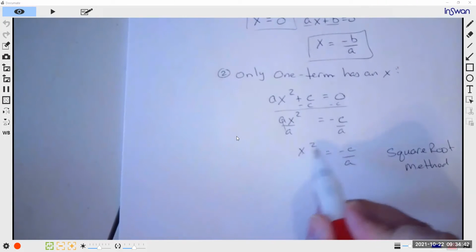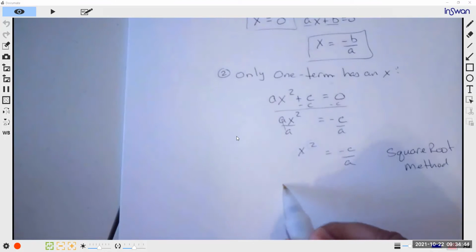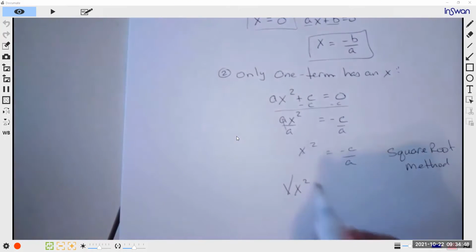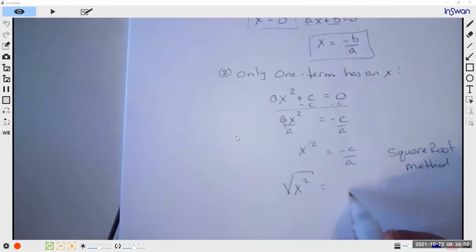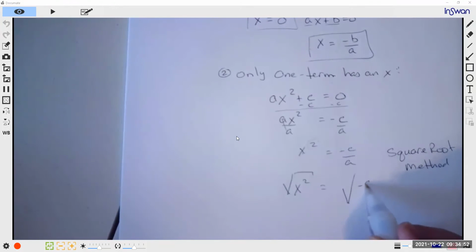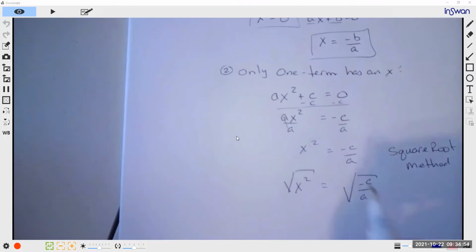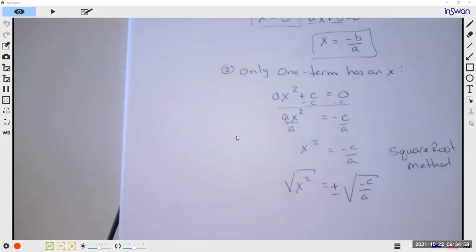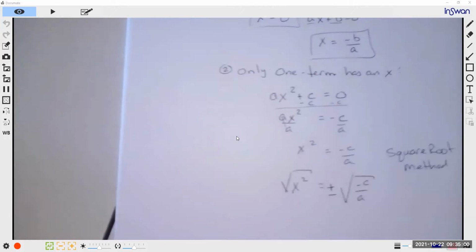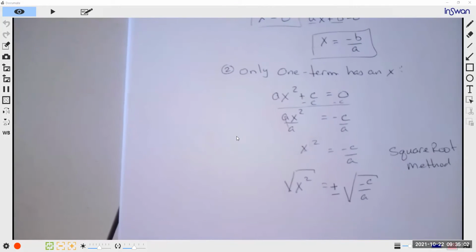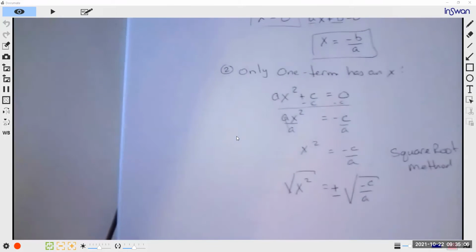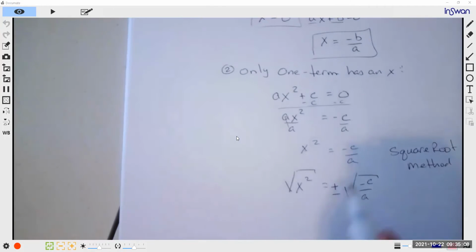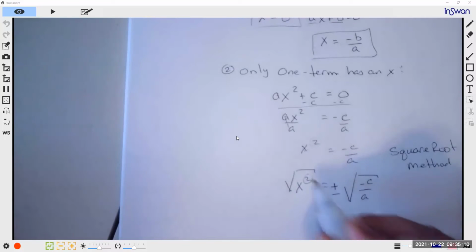Since we're trying to get x by itself, we have to get rid of the square. So we square root both sides. And we have to put plus or minus in front of that square root on the solution side. That's the important part. That's where we get our two solutions, because we're supposed to have two solutions.